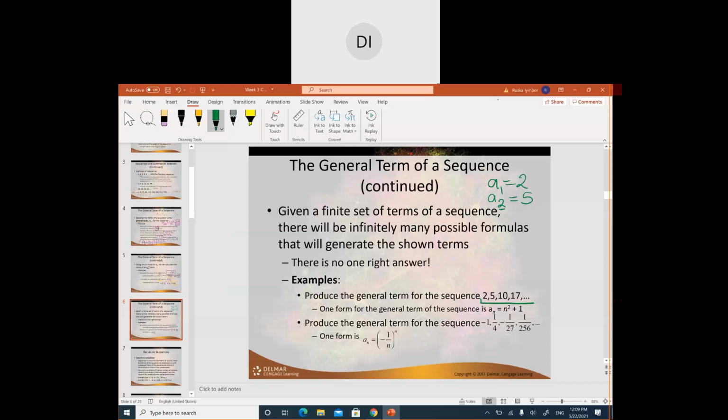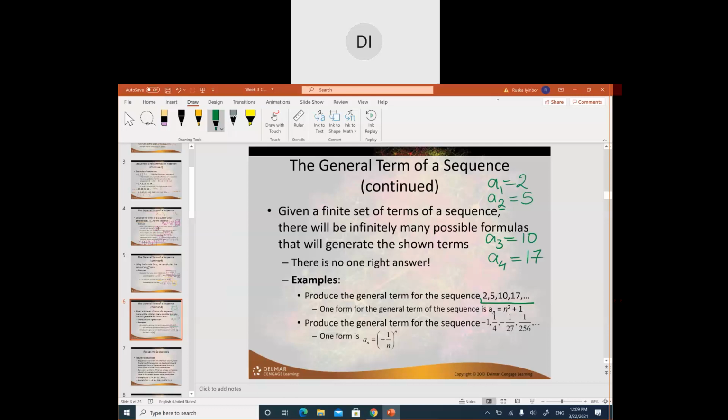Okay, A3 is 10. A4 is 17, right? This is what we have. So here we need to think about a formula which, when I put n as 2, is going to give me 5. Here we're not exactly looking at what happens from term to term.